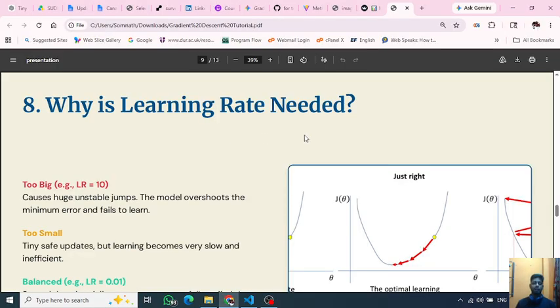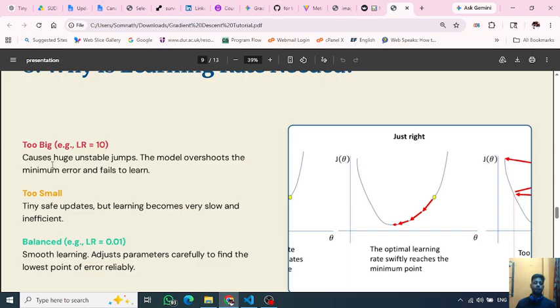So why is the learning rate needed? With a too big learning rate, suppose the error is 10, it causes huge unstable jumping. The model overshoots the minimum error and fails to learn. Definitely, on top of a hill, if you rashly go in any direction, this is life threatening. Same case here also.